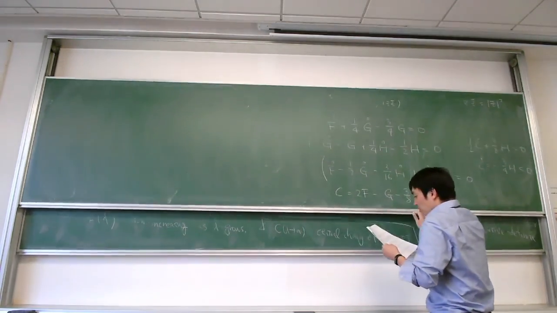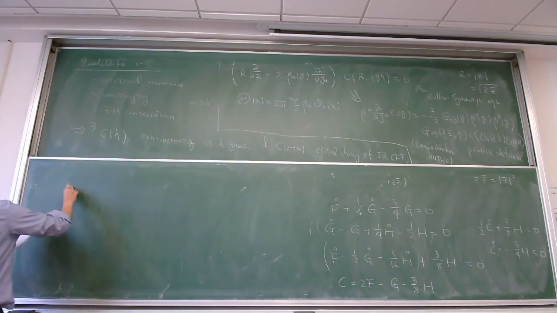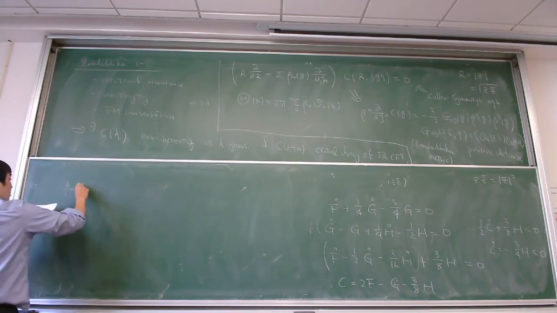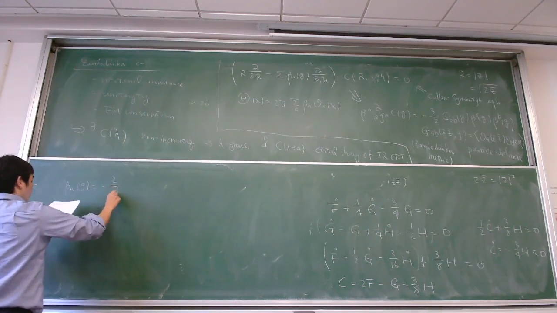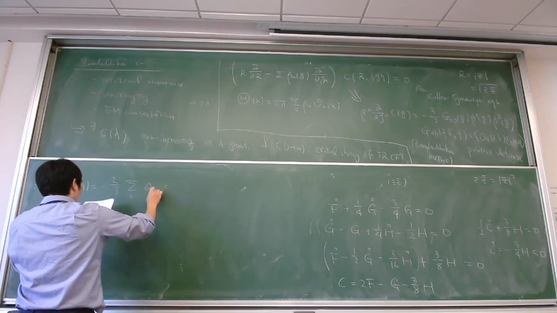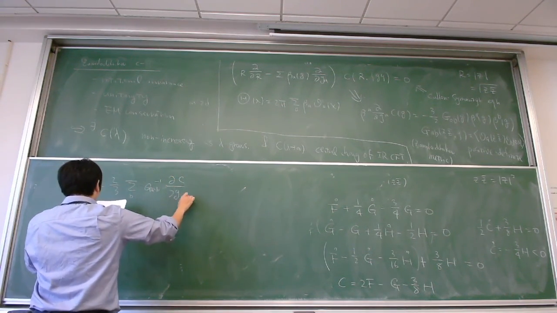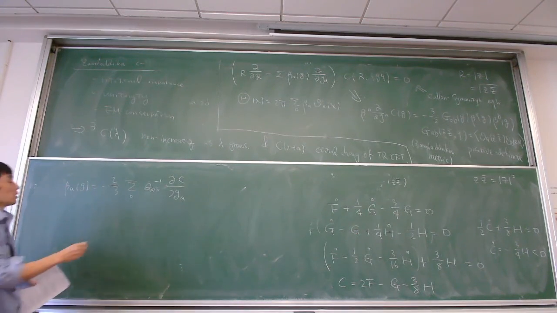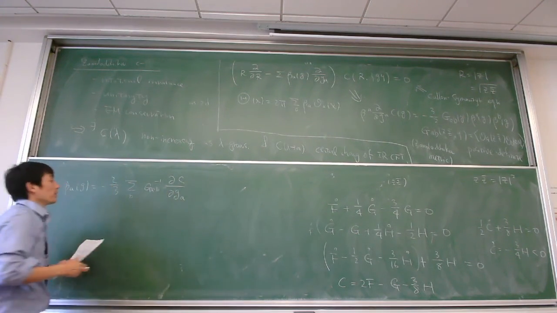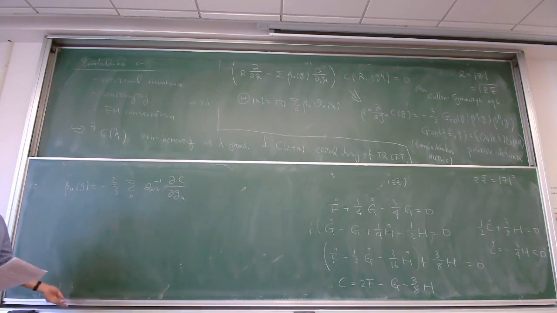And since it's positive definite, you can have an inverse matrix. So therefore, beta A, I don't have time, so next time I will spend a bit more detail, is minus 2/3 sum of B, the inverse matrix G AB inverse times partial C partial G A. So the beta function of the operator can be obtained by the derivative with respect to the C function.